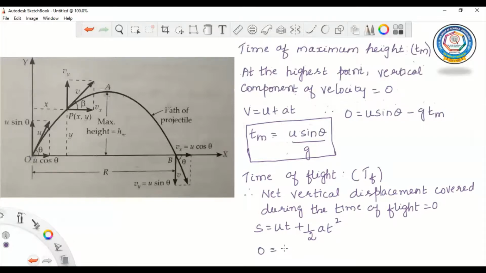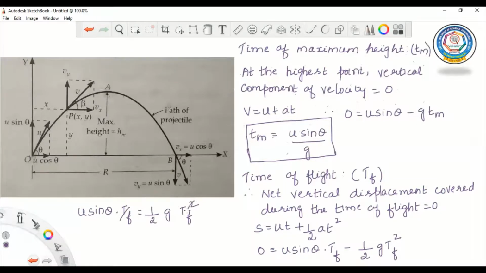0 is equal to u sin theta into t, and this t will become tf, that is time of flight, minus half g tf square. So can we write u sin theta into tf is equal to half g tf square.